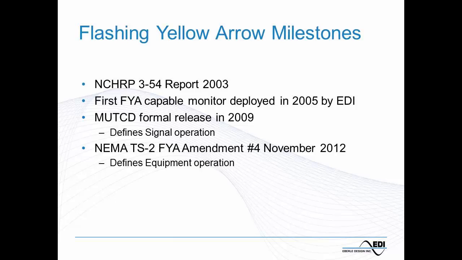and more importantly how the MMUs would implement and monitor flashing yellow arrow. I'll mention that during the time from 2003 through 2012-ish, it was a hodgepodge of proprietary solutions, both at the controller level and at the monitor level, such that interchangeability and interoperability between devices on the street was really difficult.